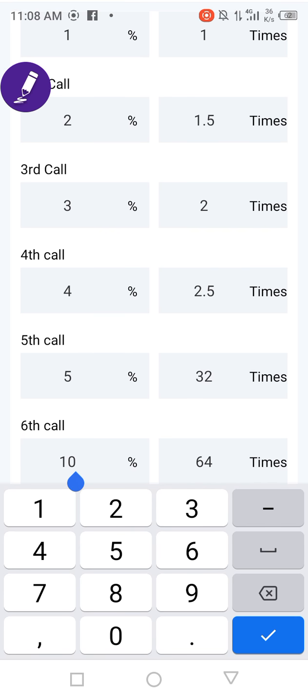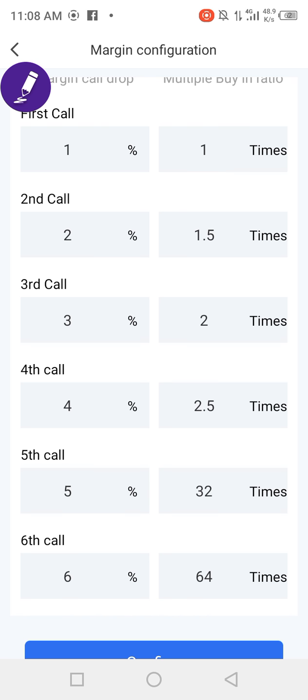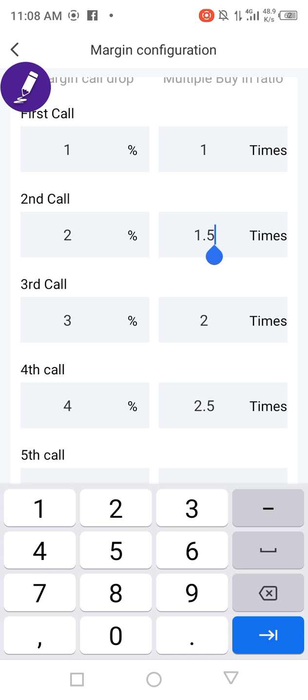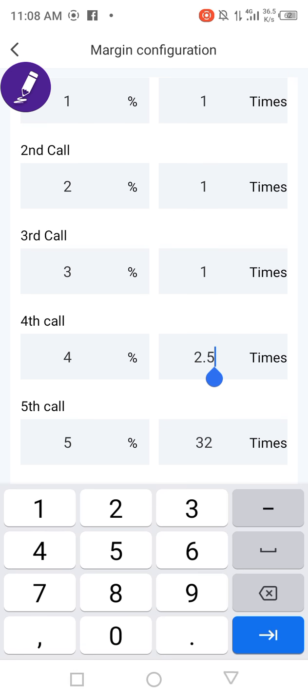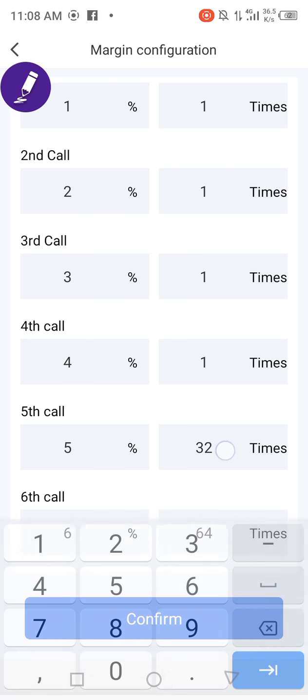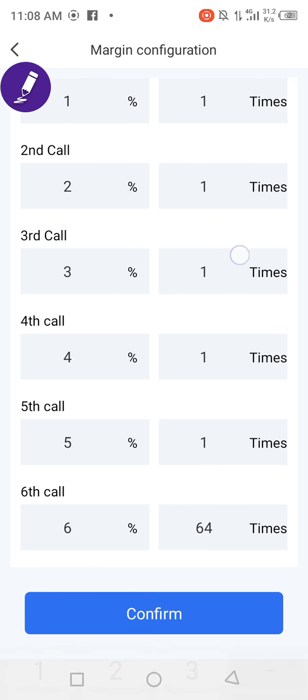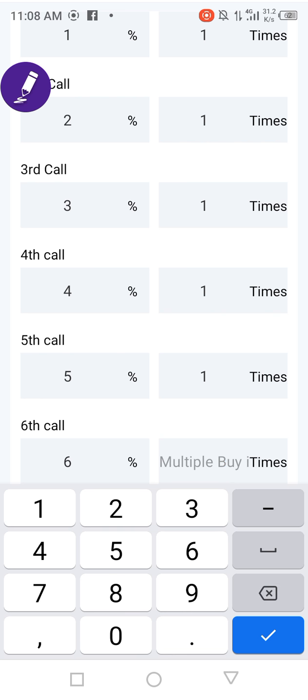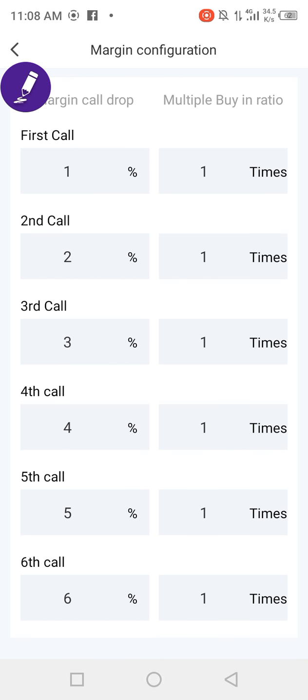And let's say 6 here. Okay. You have told the system to buy 1 times, buy again 1 times, buy again 1, buy again 1, buy again 1, buy again 1. This is basically for the purpose of teaching, so that we understand the concept. After, we will edit again.